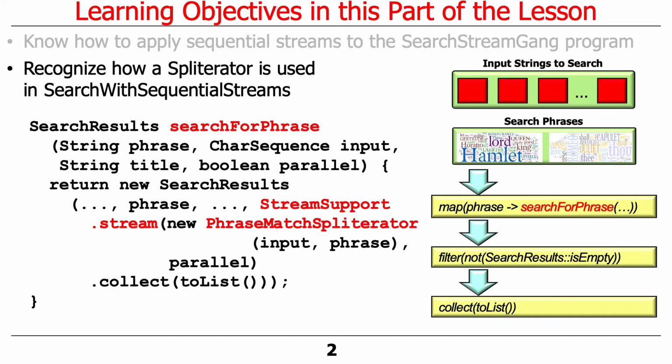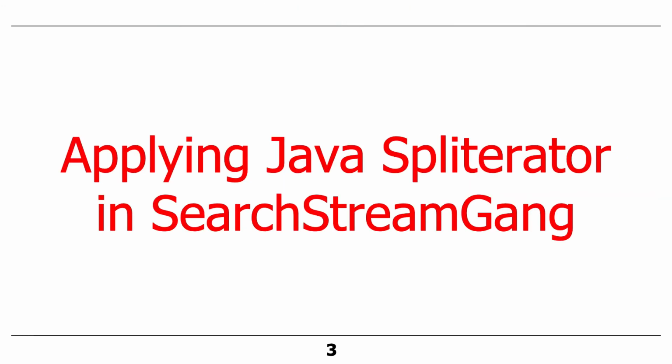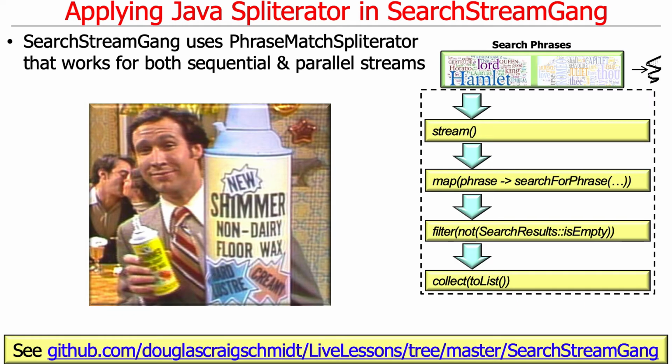creating a stream in order to be able to find what phrases match in a given input string, in a given work of Shakespeare. And so here's the way this is going to work. We're going to use a class called PhraseMatchSpliterator. This PhraseMatchSpliterator is going to work for both sequential and parallel streams.